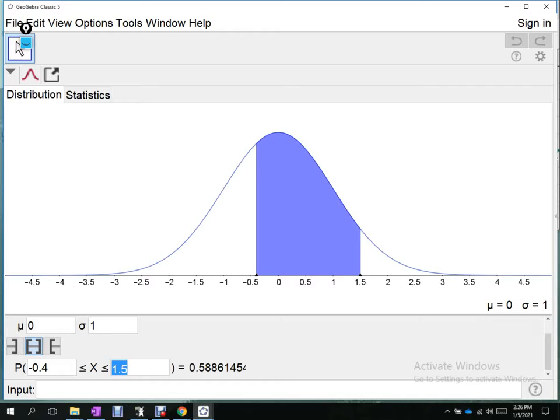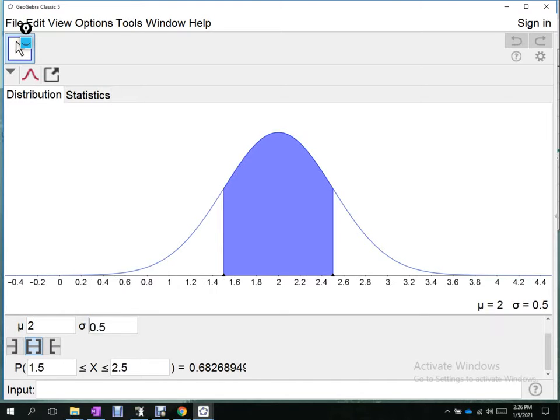Now, if we didn't change the mu, if we didn't standardize this, this is the nice thing about GeoGebra. It kind of removes the need to find z-scores. If we say mu was 2 and sigma was 0.5, and I type in the two values they were interested in, you see it changed things down here.